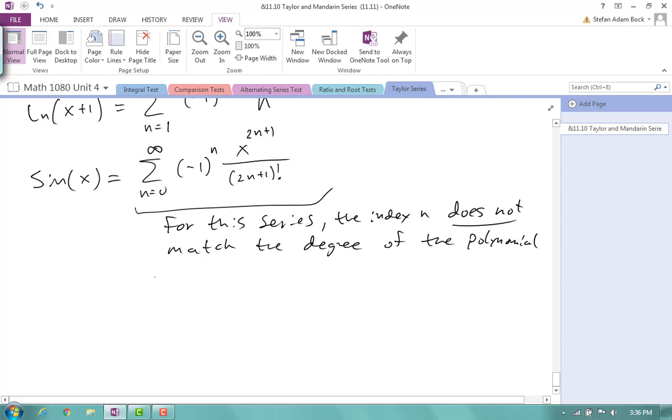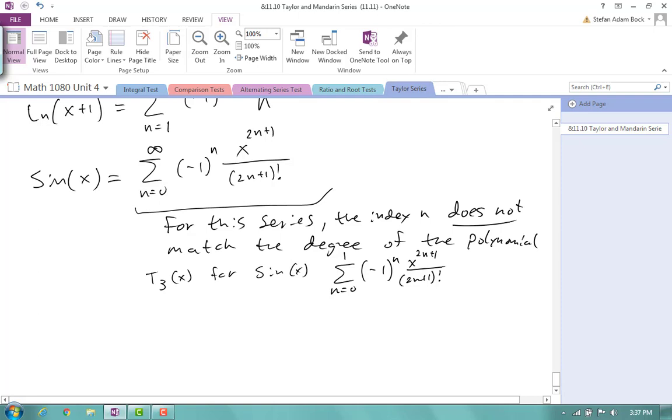In fact, if I wanted t sub 3 for sine of x, I would only use the sum from n equals 0 up to 1, negative 1 to the n, x to the 2n plus 1, all over 2n plus 1 factorial.